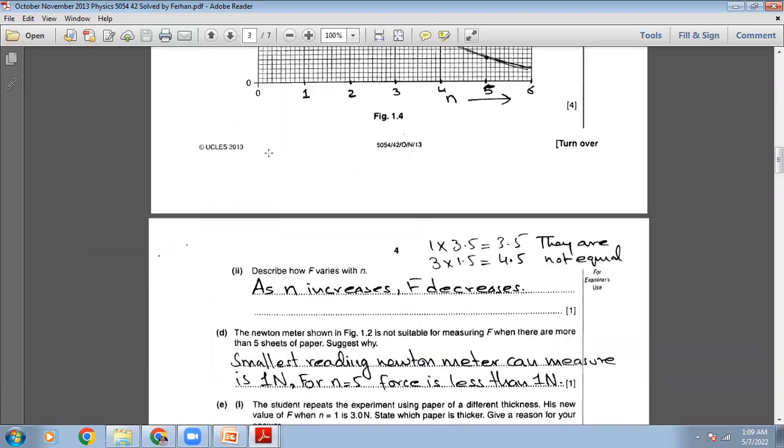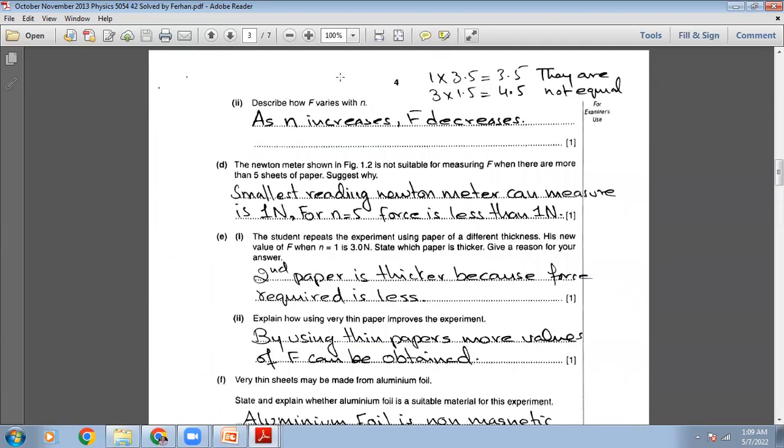So to rule that out, I have done this calculation. If two quantities are inversely proportional to each other, their product remains constant. So we have to check whether the product of n and F remains constant or not. Here I have taken 2 points. For example, at 1 you have 3.5 Newton.